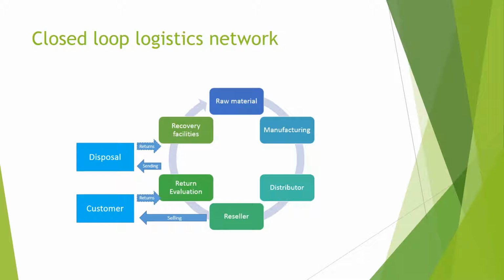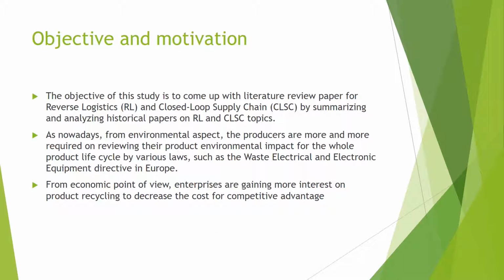The disposal center will send some of the product to the recovery facility, and the recovery facility will also send some of the products that are still usable to the raw material section. So this is the closed loop supply chain network design as presented in this diagram.